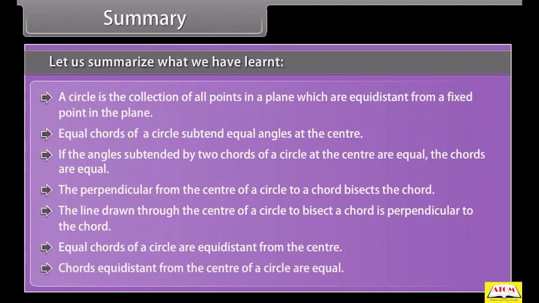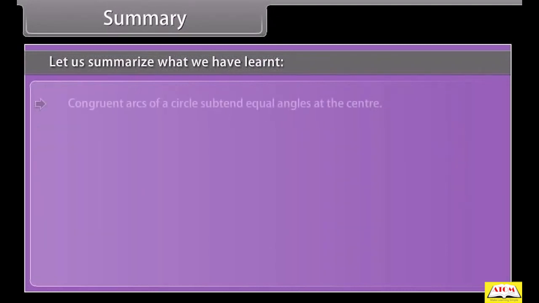Chords equidistant from the center of a circle are equal. Congruent arcs of a circle subtend equal angles at the center.